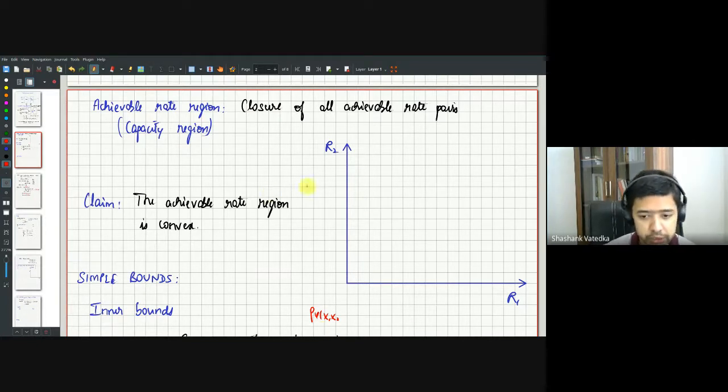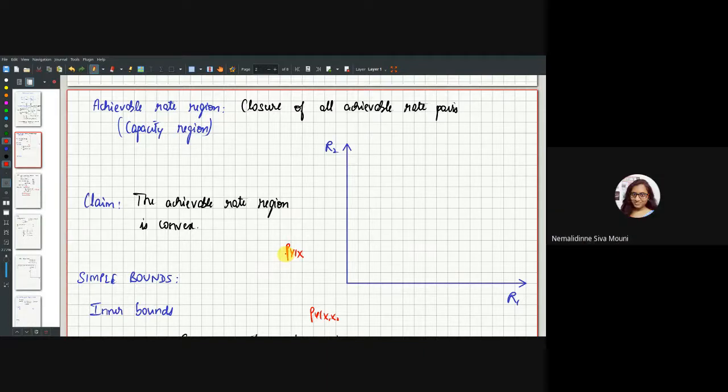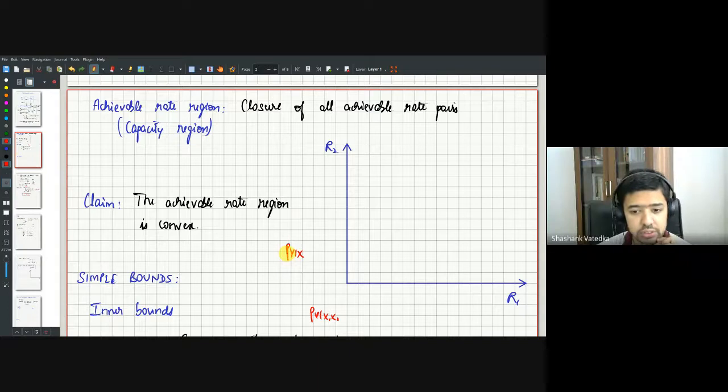So suppose there was no X2, so the channel was P of Y given X. In this case, what is the maximum rate at which you can transmit? I of X;Y. Correct. So it's the max over P of X of I of X;Y.